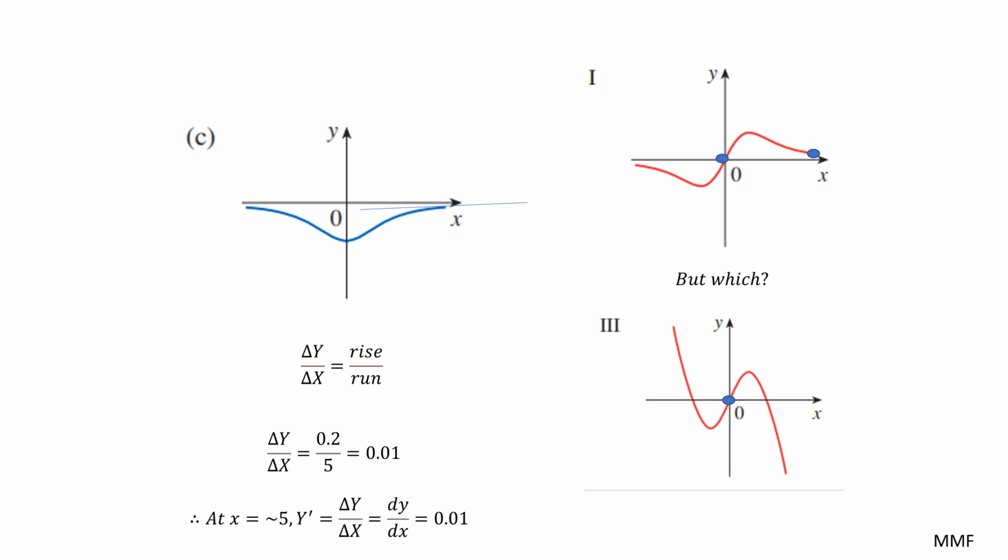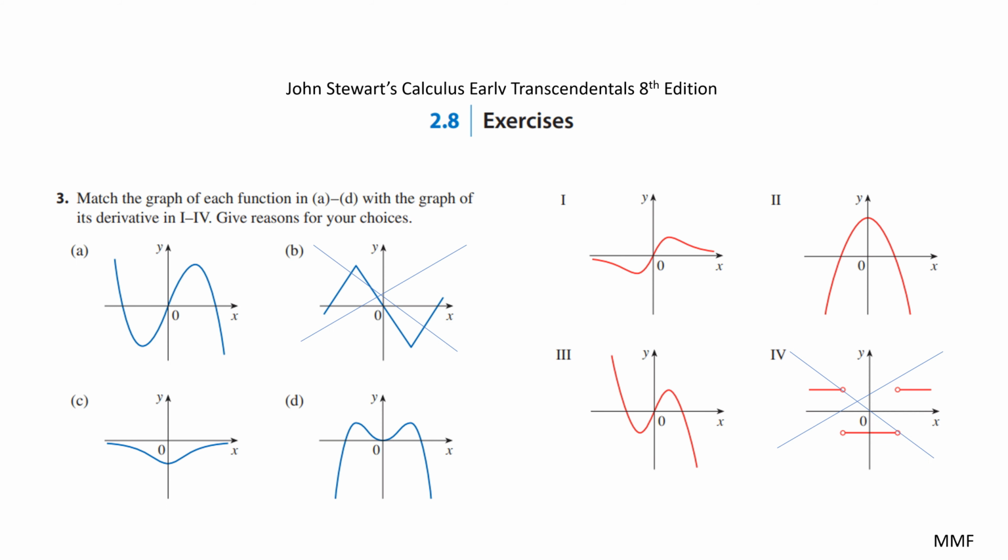And if you look at which one of these two graphs at the end of the x looks closer to a very small number, it's obviously graph 1, right? You could say, yeah, maybe that's 0.01. So we definitely know it's not 3. Therefore, we can say that C matches with 1.